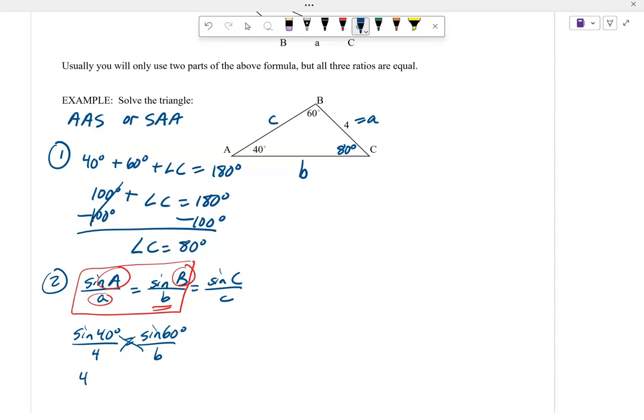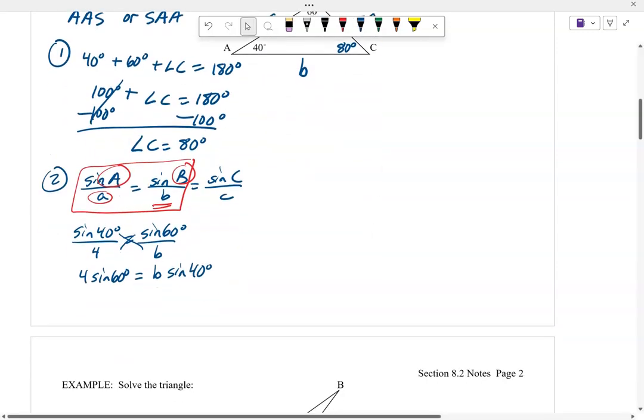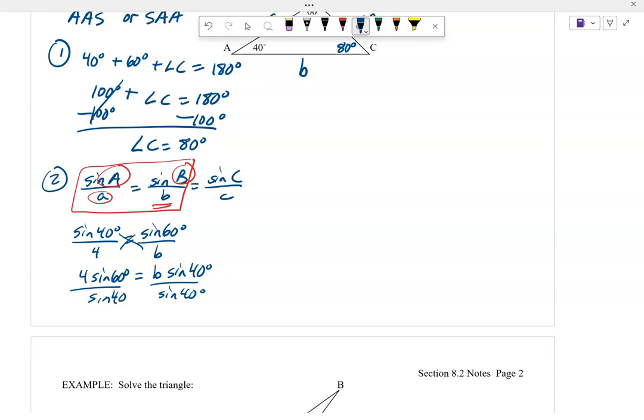So we got 4 times the sine of 60 degrees equals b times the sine of 40 degrees. And so let's solve for b. Remember, sine of 40 degrees is just a number. And so we've got b equals 4 times the sine of 60 degrees all over the sine of 40 degrees. And so let's punch that in.